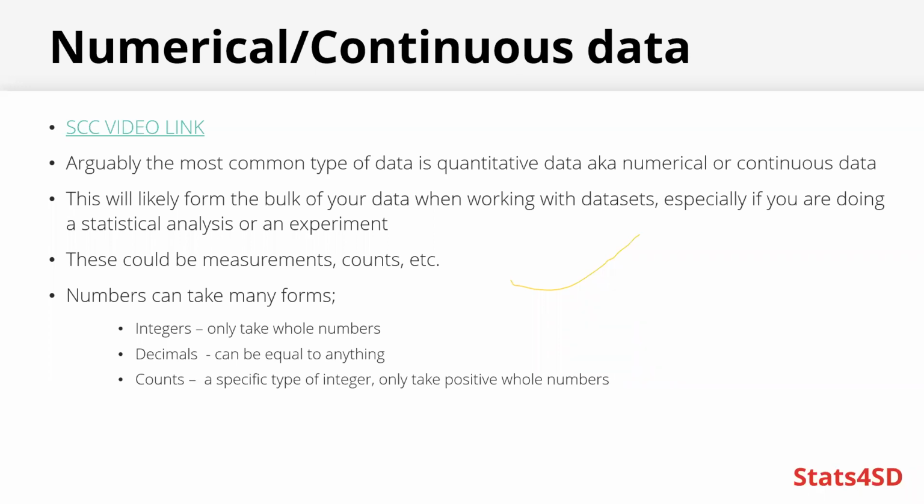Again, you can decide when doing your survey or measurements what number of decimal places that needs to be. Similar to integers, we also have counts. So how many of a certain thing there are. This is, again, similar to integer, and they can only take a whole number, but it would have to be positive because you can't have minus of an object, essentially.